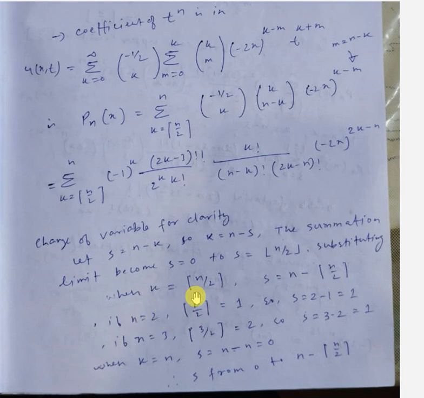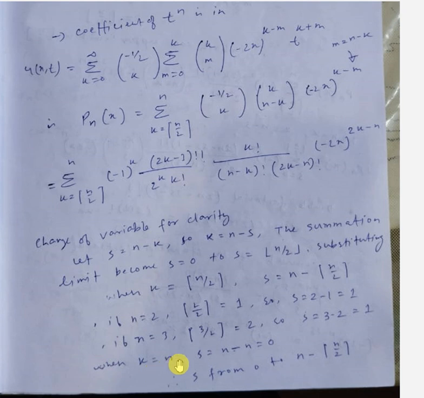Now substituting this value, when k is equal to n by 2, s is equal to n minus n by 2. So if n is equal to 2, then 2 by 2 is 1, so s is equal to 2 minus 1, which is 1.